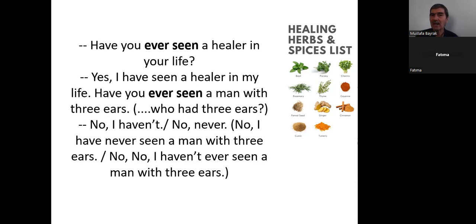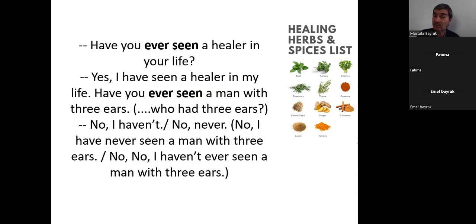Have you ever seen a man with 3 ears? No, I have never seen a man with 3 ears. Okay. No, I haven't. No, never. I have never or I haven't ever.